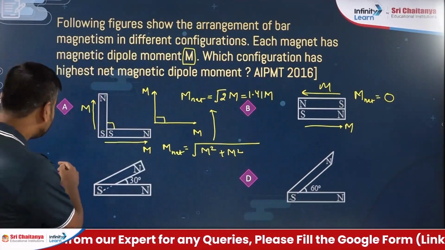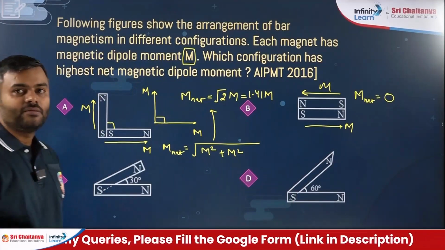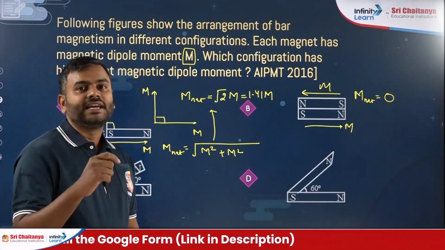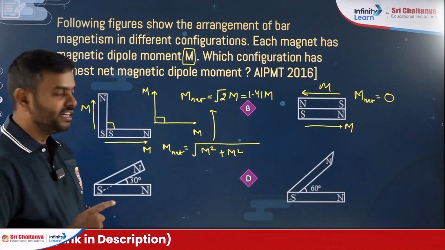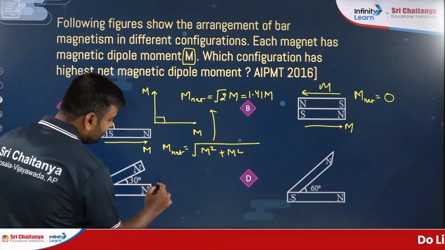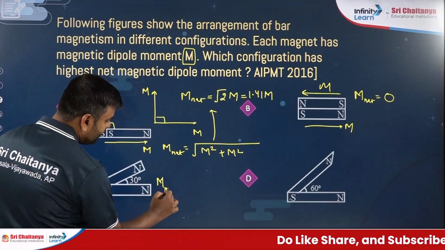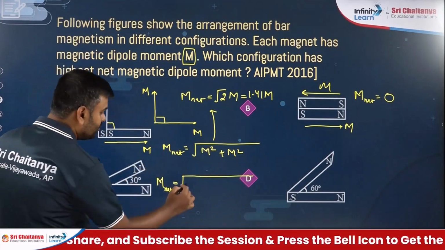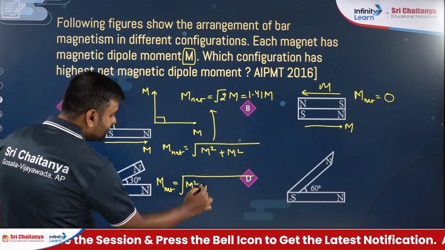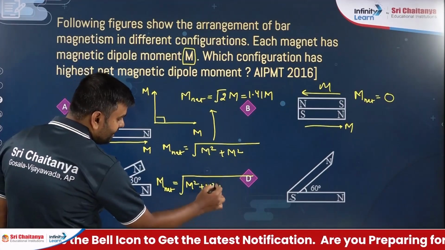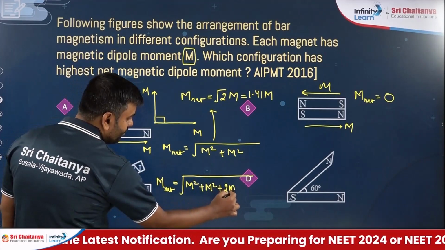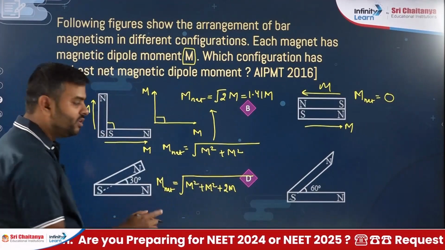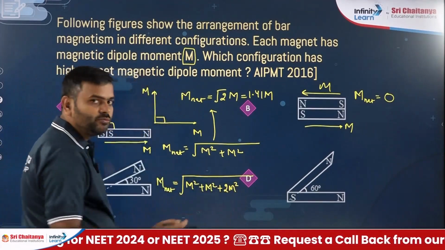So here in the third part, C, they are making an angle of 30 degrees between them. So in this case, if we apply the net magnetic moment formula, the M net value will come out to be M square plus M square plus 2M square, because it is M1 into M2. M1 and M2 both have the same value.